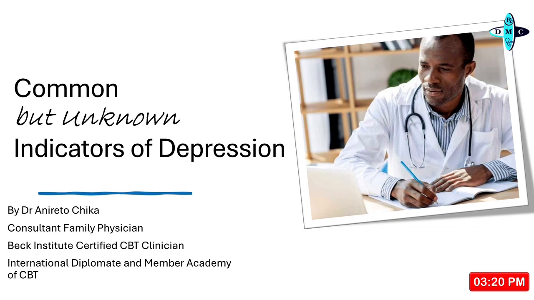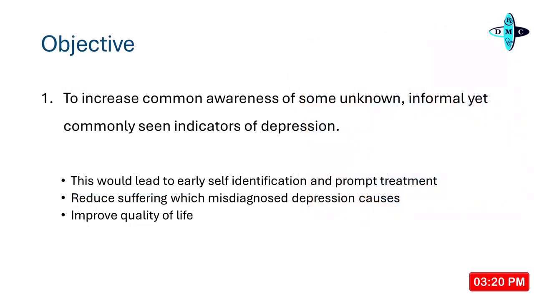So the objective of today's presentation is to increase awareness of these common but unknown, informal, that's why I use the word indicators. They're symptoms, but they're not formal symptoms, meaning that they're not recognized by the DSM-5, which is how we classify mental health disorders. But they're symptoms nonetheless, so I use the word indicator to differentiate them from formal symptoms.